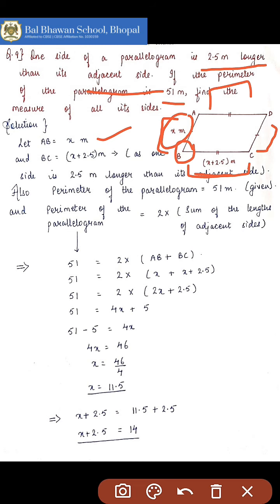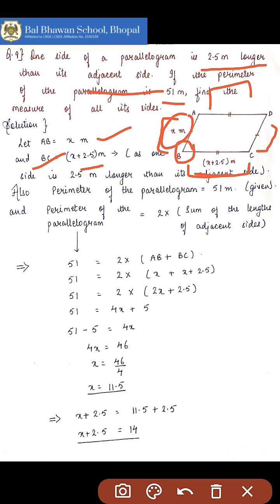So this side will be 2.5 meters longer than BC. So it will be x plus 2.5 meters. Okay? Since one of the sides is 2.5 meters longer than the adjacent side.